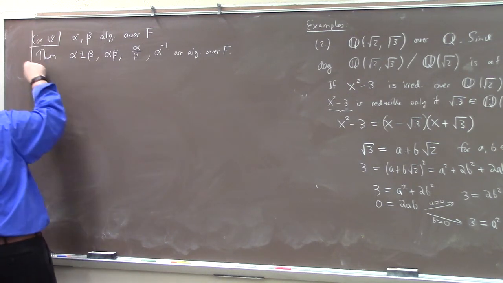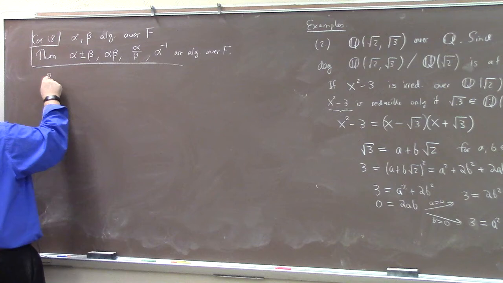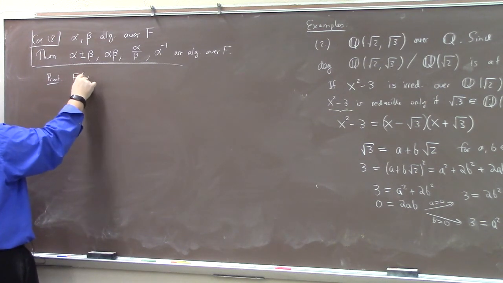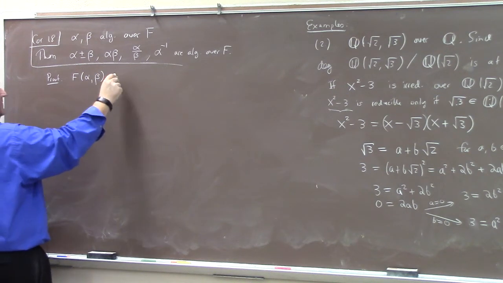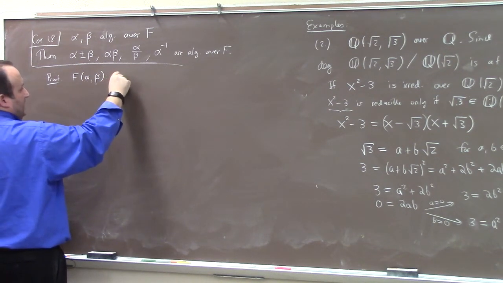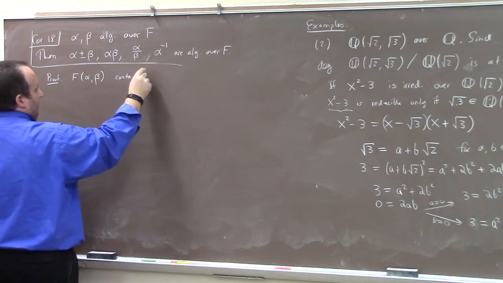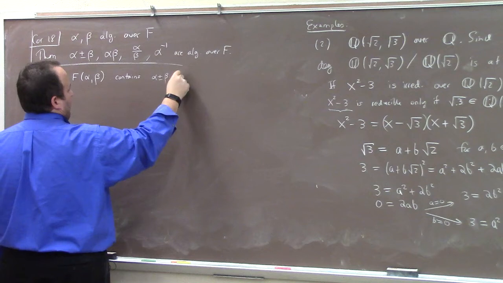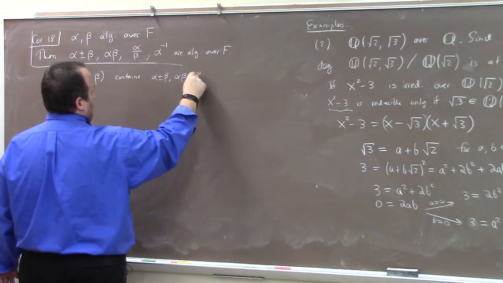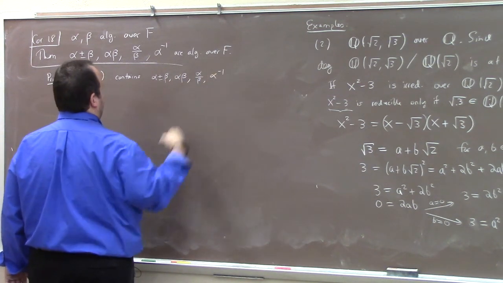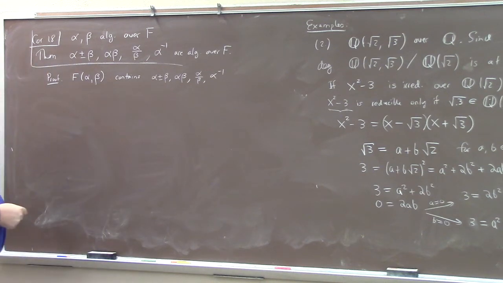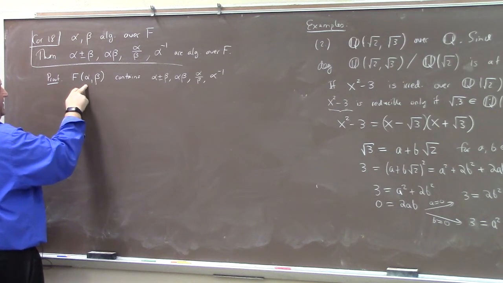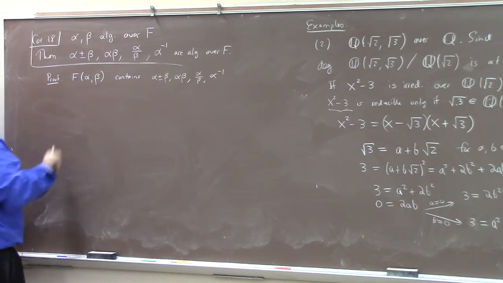So the proof is essentially just the following. F adjoin alpha comma beta contains alpha plus or minus beta, alpha over beta, and alpha inverse, right? And alpha is algebraic, beta is algebraic, so F adjoin alpha comma beta is algebraic.